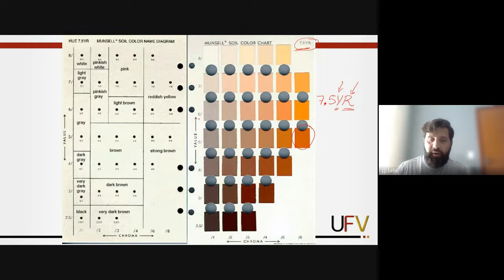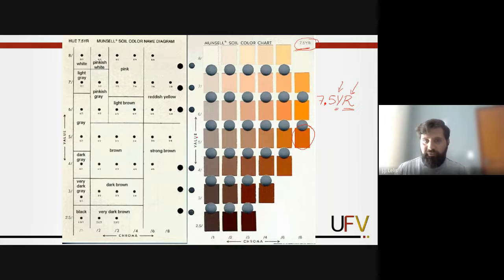The value, as I said, varies from 0, that we can't see in this page, to 10, that we also can't see in this page, but we can see several values, like 8, 7, 6, 5, 4, 3, and 2.5.